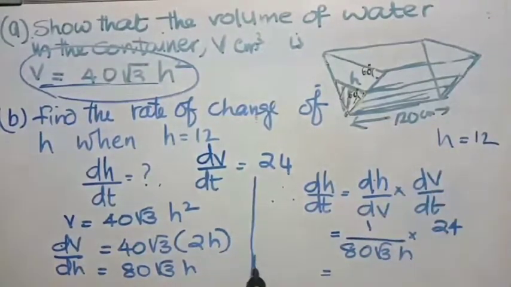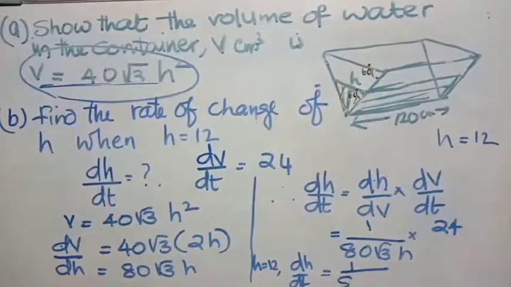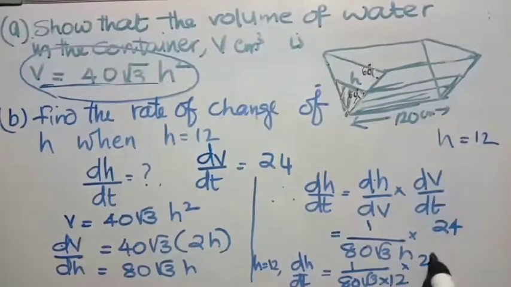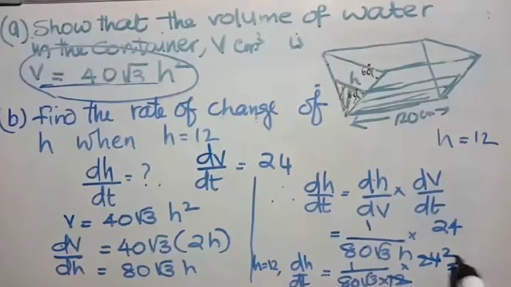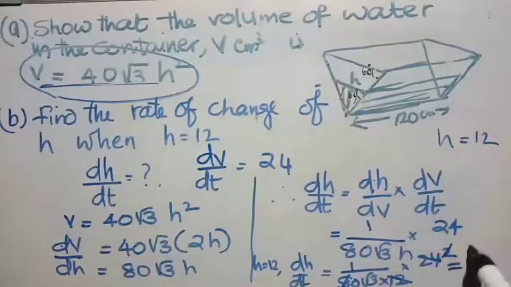So when h is 12, dh by dt becomes 1 by 80 root 3 times 12 multiplied by 24. So we get 1 by 40 root 3 as a result.